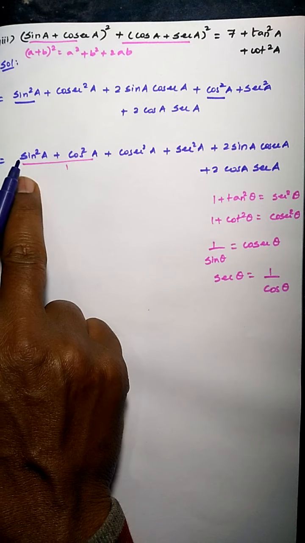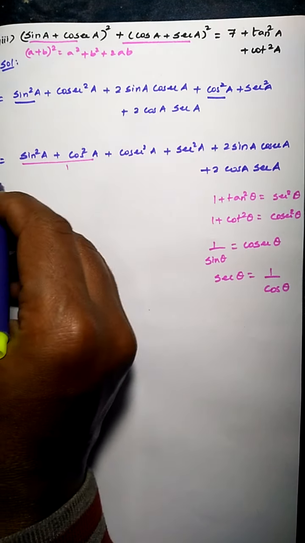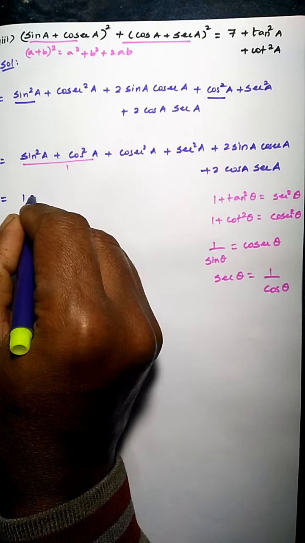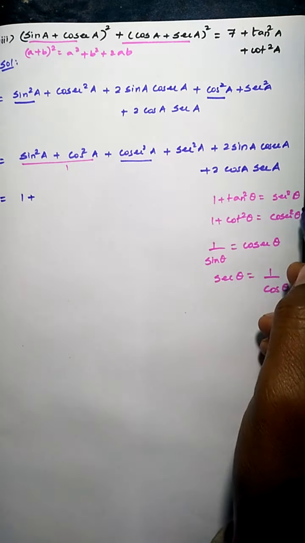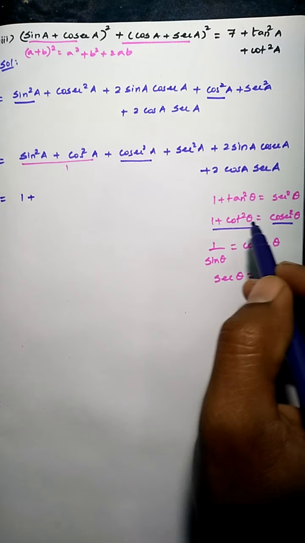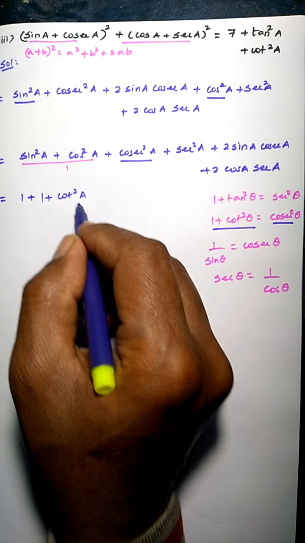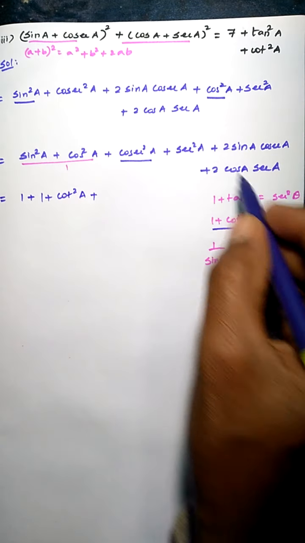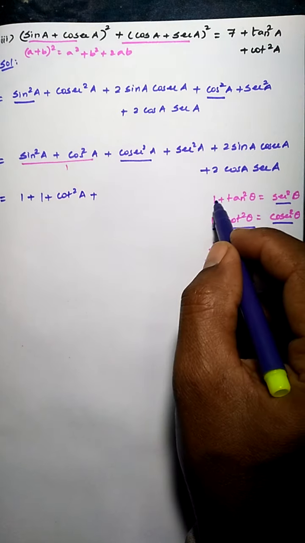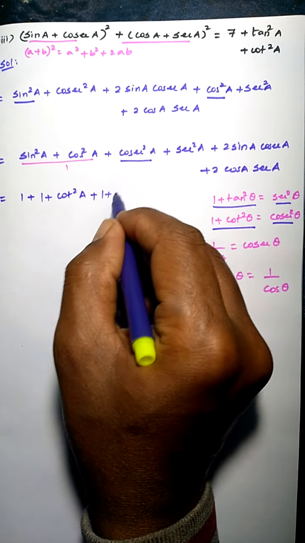Let's apply now. So sine square theta plus cos square theta value we know is 1, plus in place of cosecant square theta we can apply 1 plus cot square theta. So 1 plus cot square theta, plus in place of secant square theta we can apply 1 plus tan square theta.